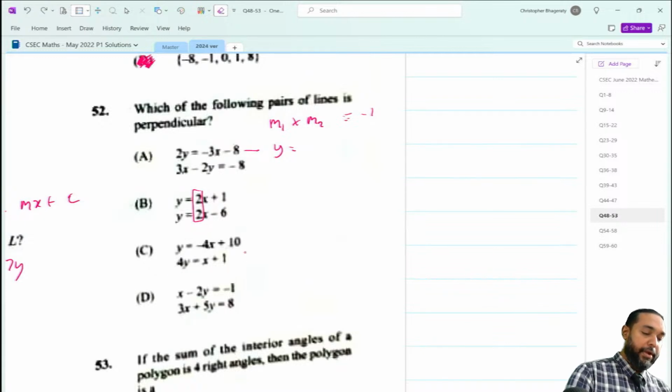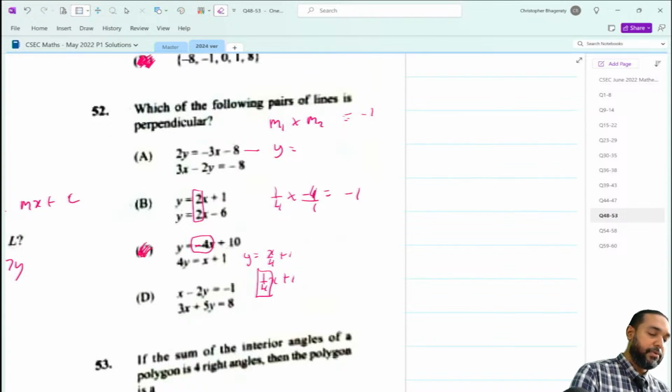So this is a minus. If I divide by 4, y is equal to x over 4 plus 1, which I can rewrite as y equals 1/4 x plus 1. If I take that 1/4 and multiply by minus 4, I will indeed get minus 1. So the answer here is C.